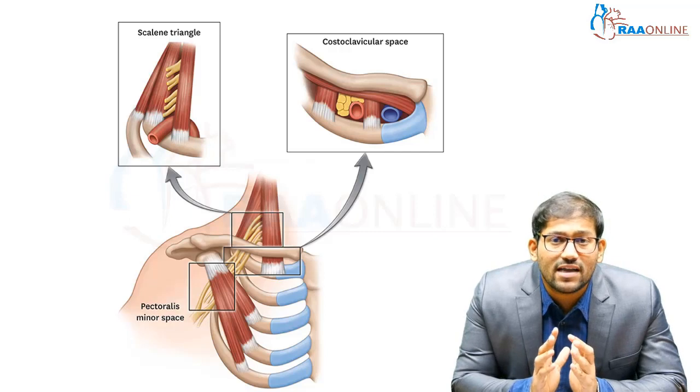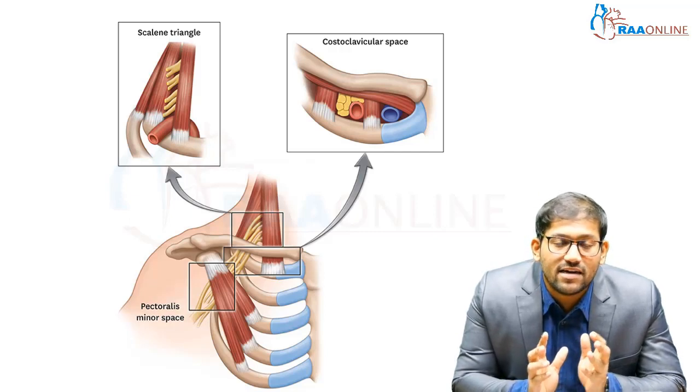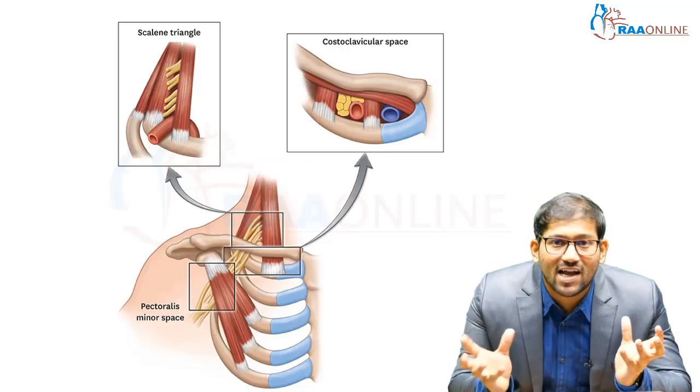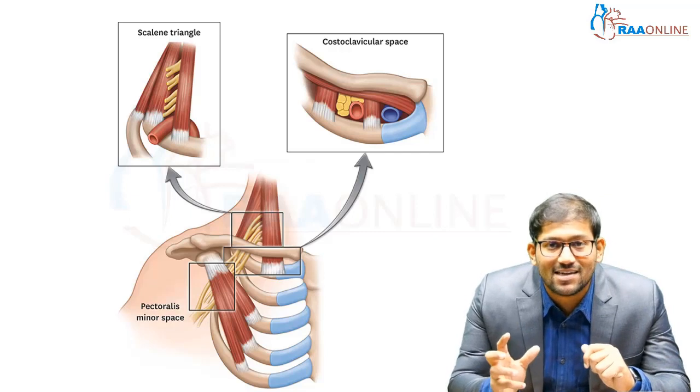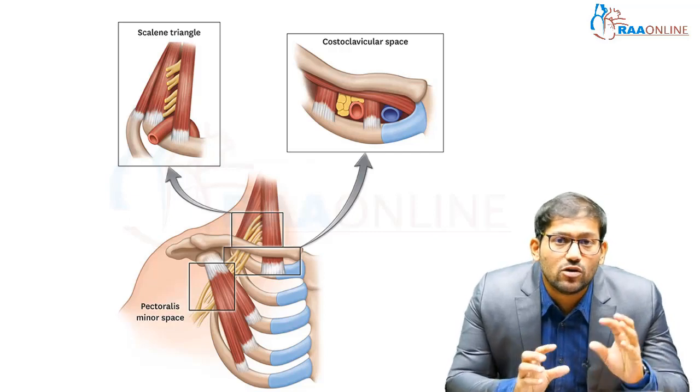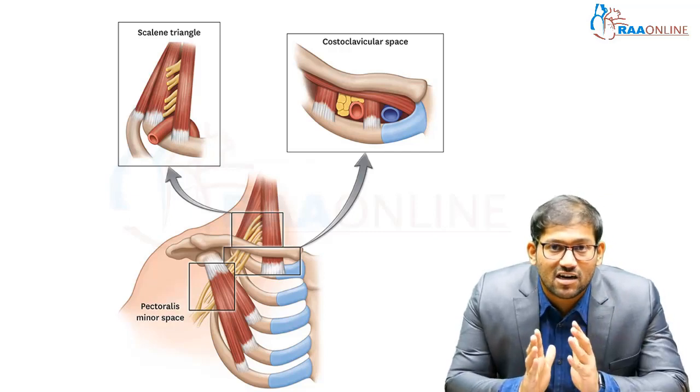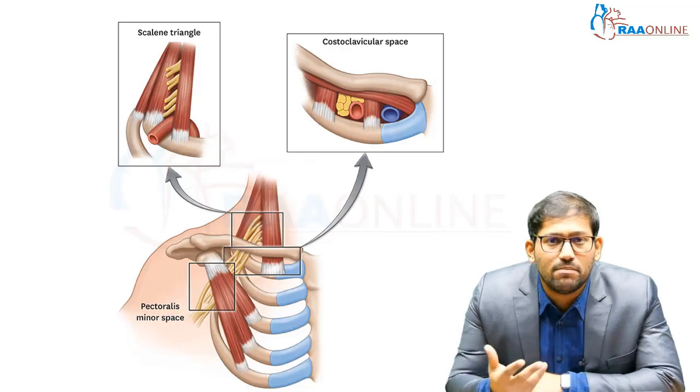If you take thoracic outlet syndrome in toto, it can be divided into neurogenic and vascular, as in either a nerve is being compressed or a vessel is being compressed. Based on which space is being crushed, the same will follow.